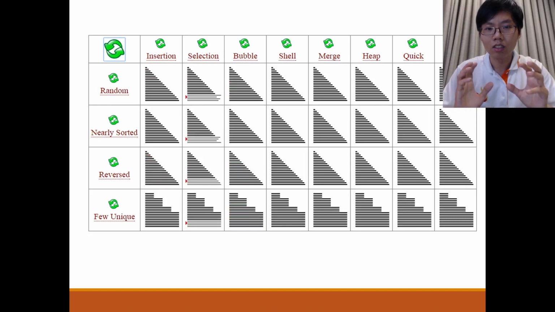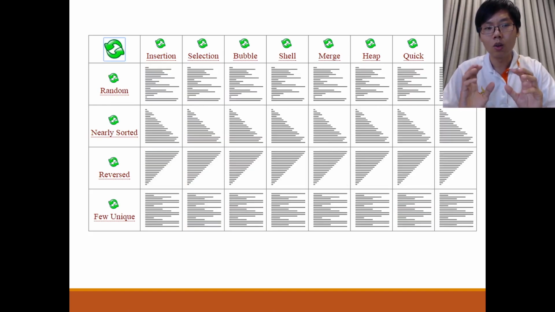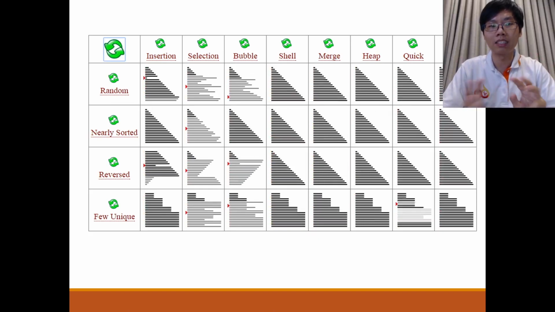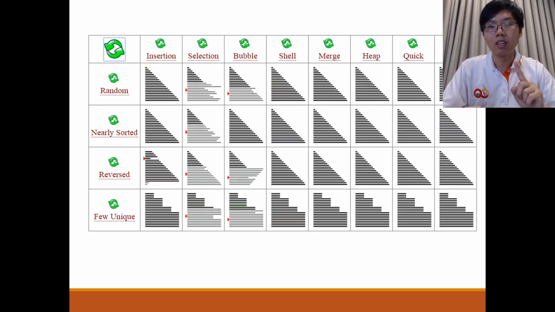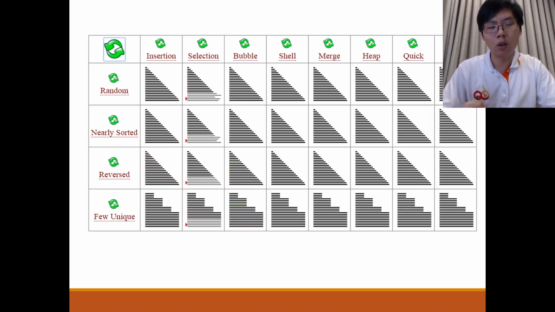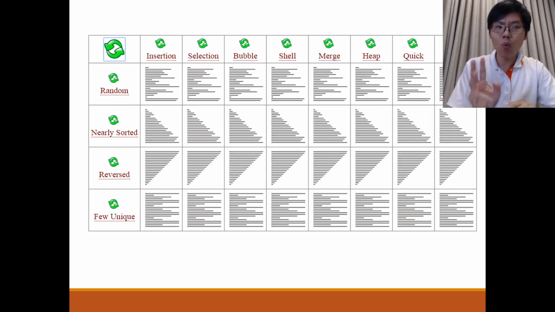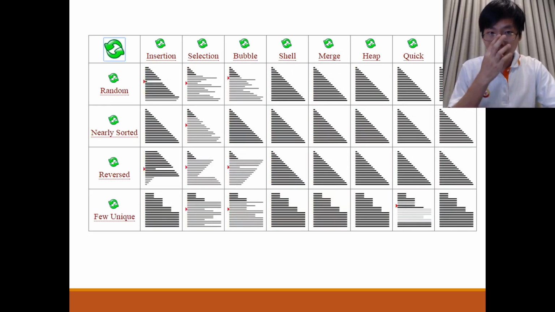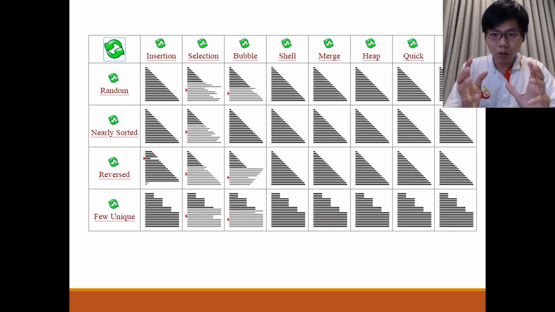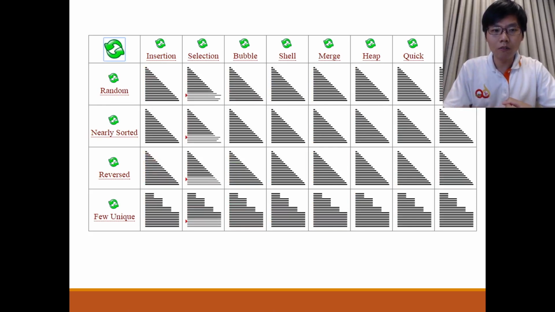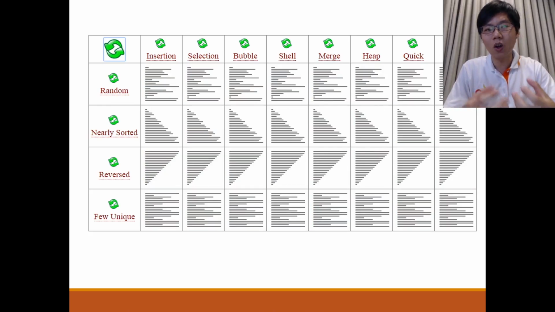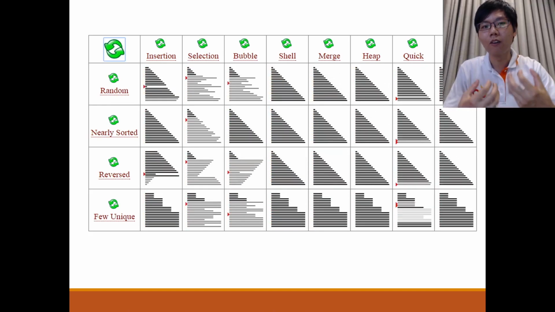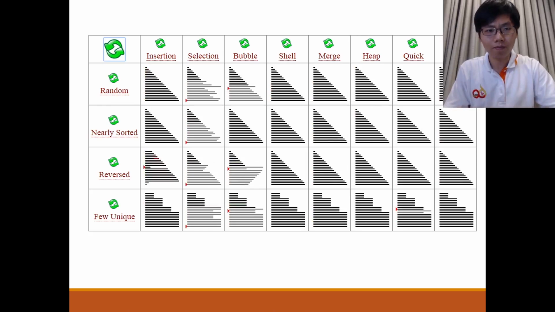In this sorting algorithm section, I would like to give only 3 sorting algorithms as examples: selection sort, bubble sort, and quick sort. Why do we need to learn these 3 algorithms? Because I want you to learn the algorithm first, then we can consider which data structure we should use for each algorithm.